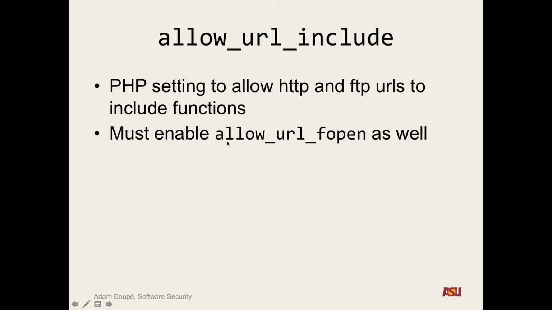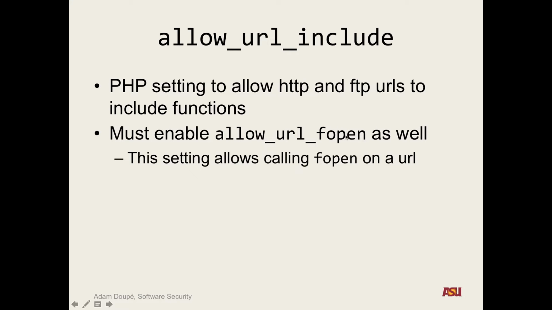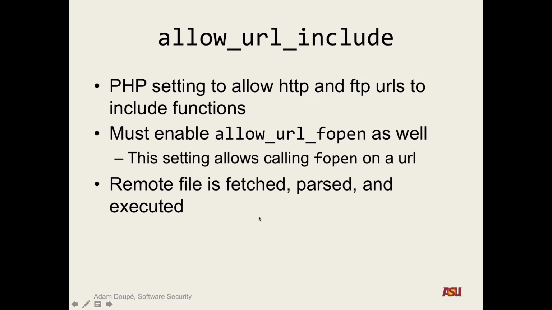This setting also requires you to enable allow URL fopen, which allows you to call fopen, file open, with a URL, and it will do the same thing. It will allow you to read URLs as if they were files on the local file system. And so the remote file will be fetched, parsed, and executed.